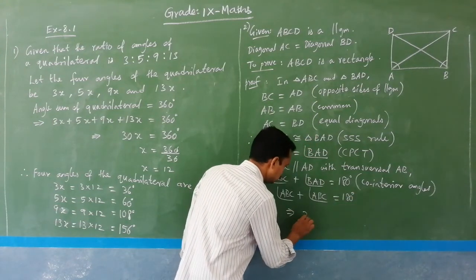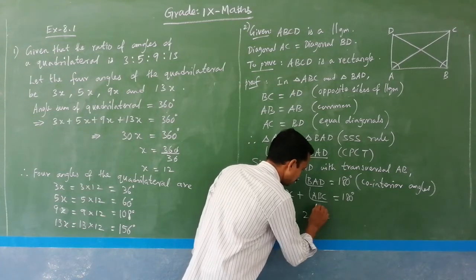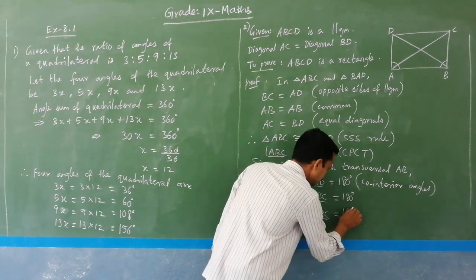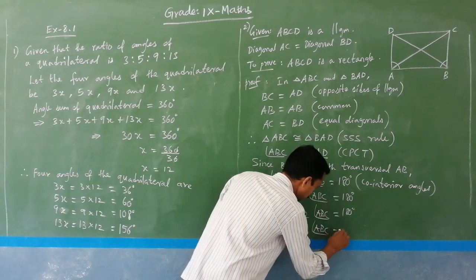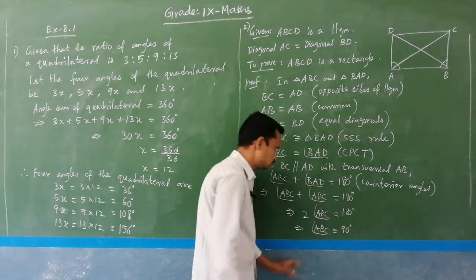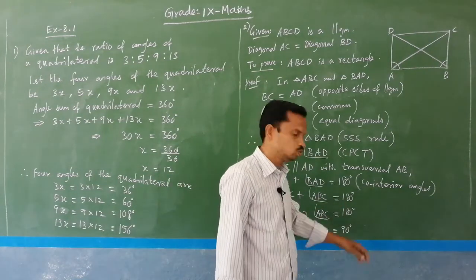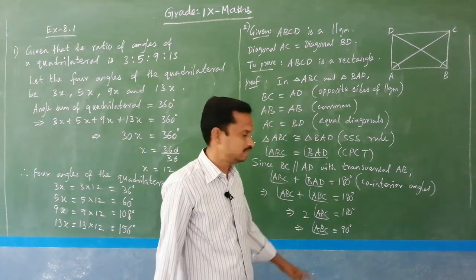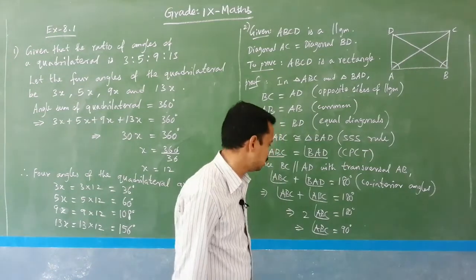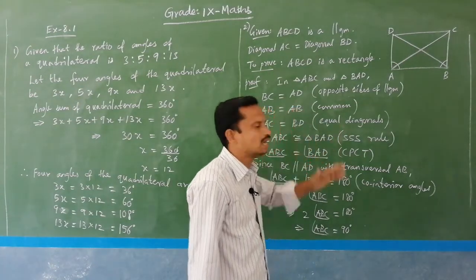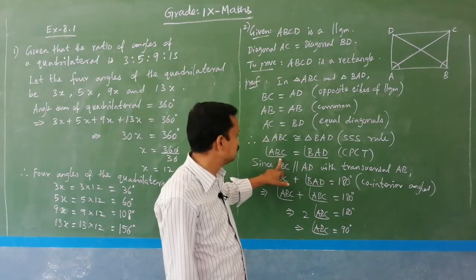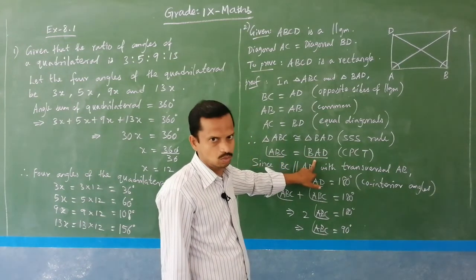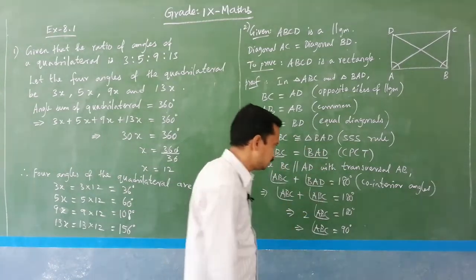So, this becomes 2 angle ABC is equal to 180, and this implies angle ABC is equal to 90 degrees. When you bring 2 to the right side, 180 by 2, you get 90 degrees. So, now we have proved angle ABC is 90 degrees, and since angle ABC and angle BAD are equal, these two angles are also 90.